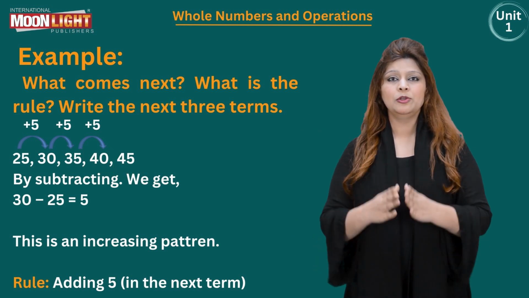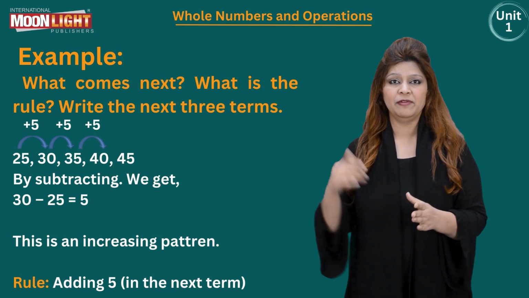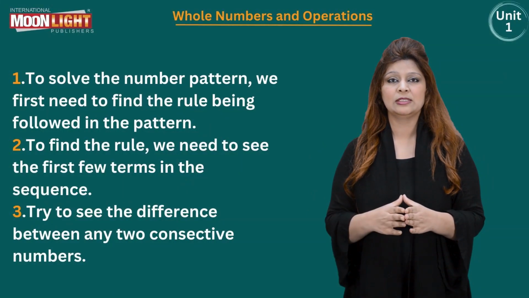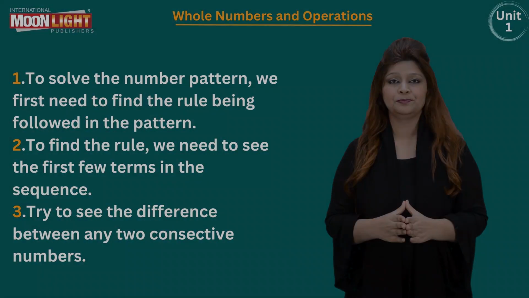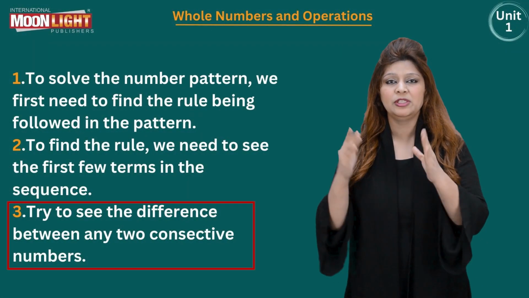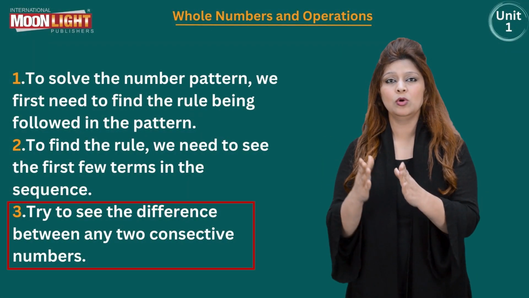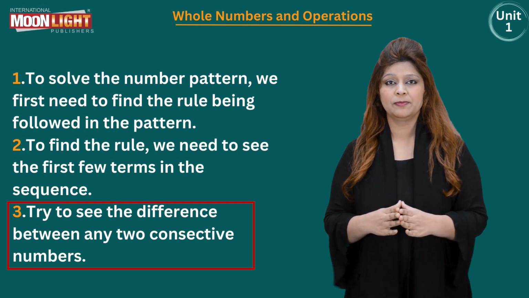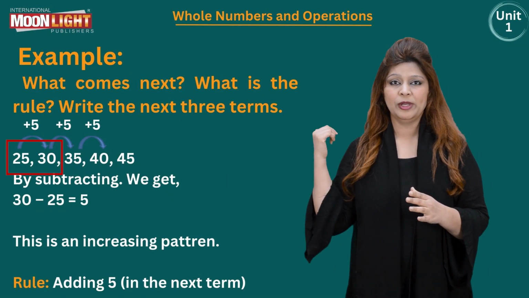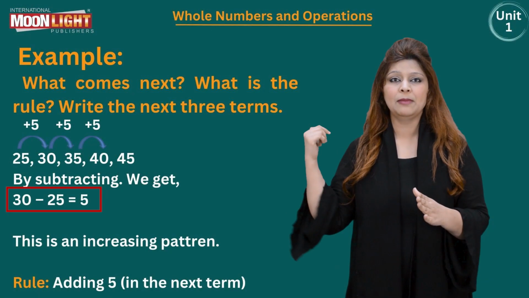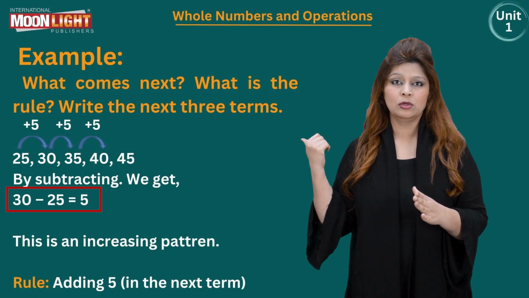So according to the rules which I have shown you in my previous slide, the first thing you need to do is find the difference between the first 2 consecutive terms. Here the first 2 consecutive terms are 25 and 30. 30 minus 25 will give you 5.